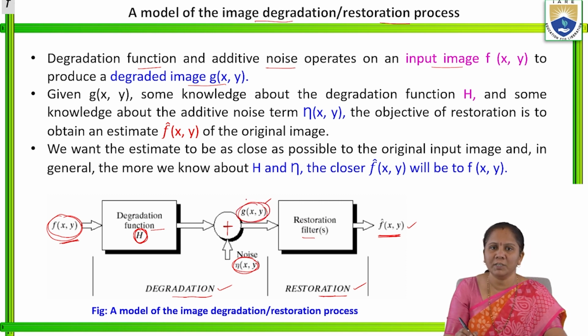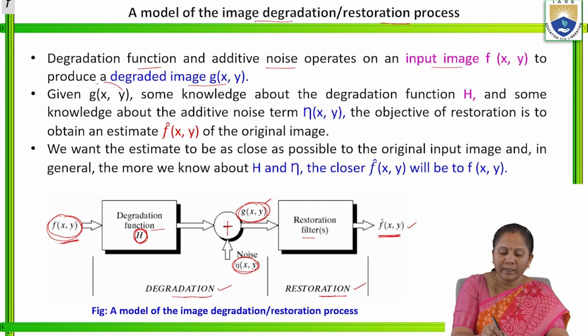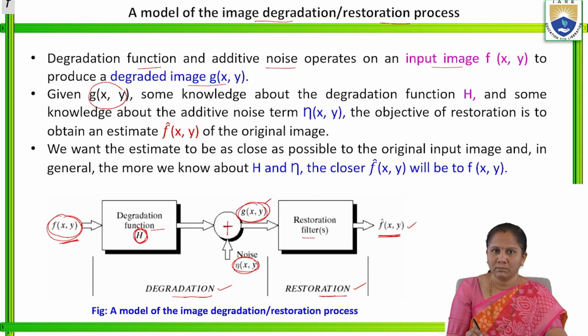So the degraded image is generated. Next, the degraded image g of x comma y is obtained from this first stage, that is the degradation stage.